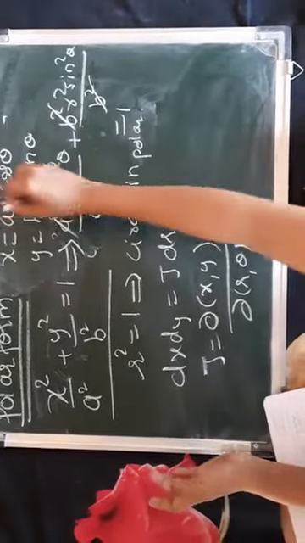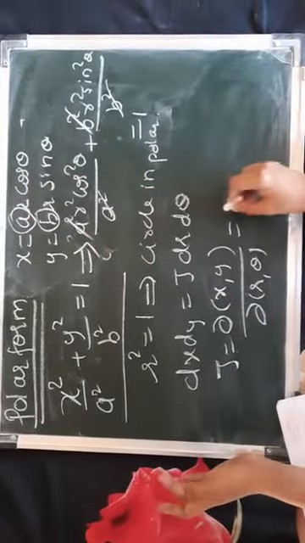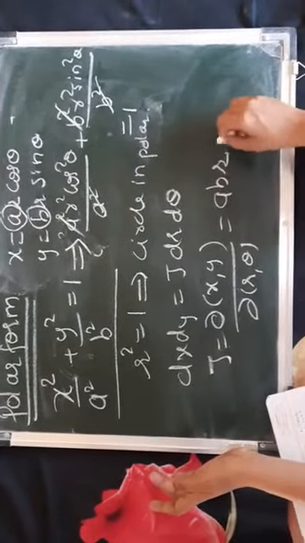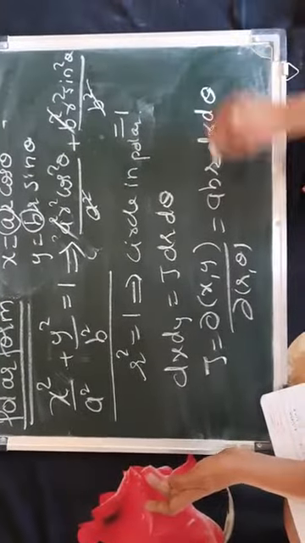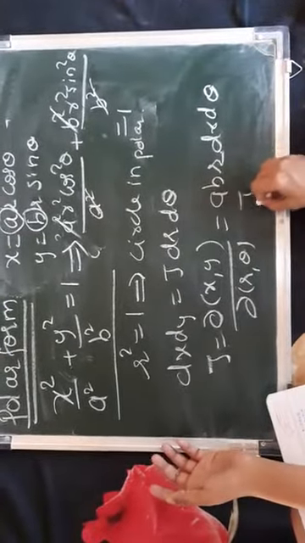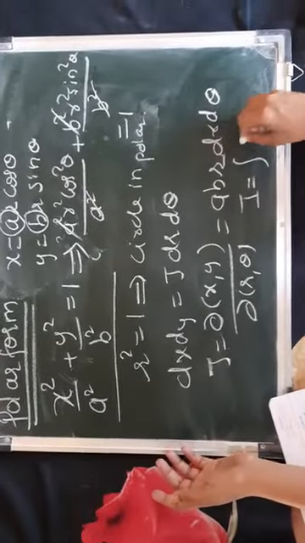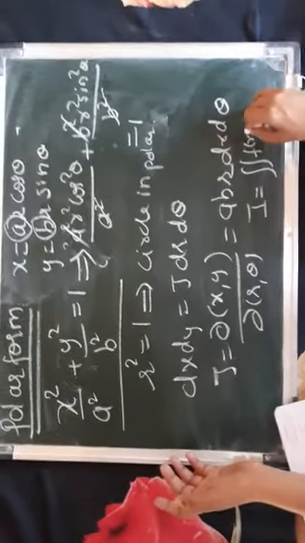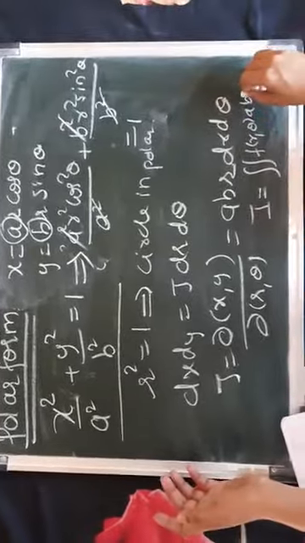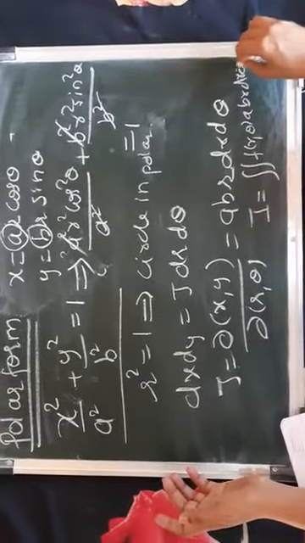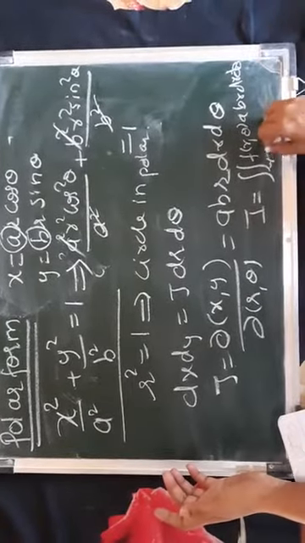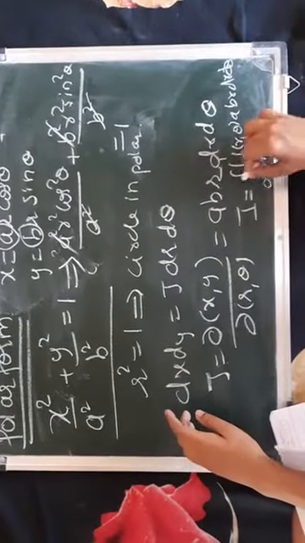The terms a and b will also come, and it will become ab r dr d theta. And therefore your integration, which has to be simplified, will become the integral of f of r comma theta times a b r dr d theta, where r is going from 0 to 1 and theta is going from 0 to 2 pi.